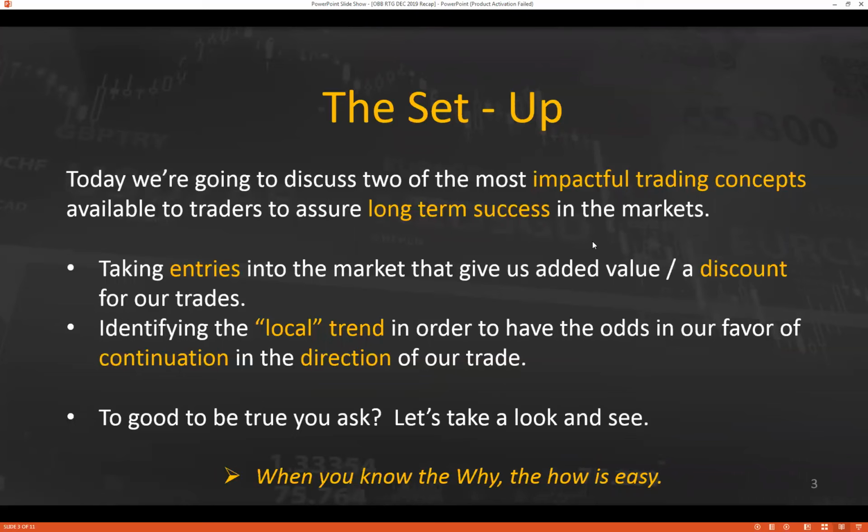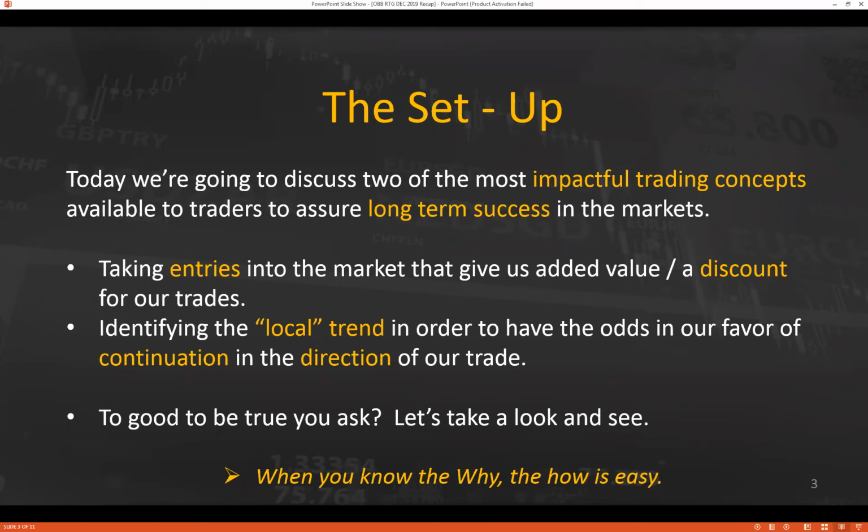We're going to briefly and simply talk about two of the most impactful trading concepts available to traders to assure long-term success in your trading career. One of those is taking entries into the market that give us an added discount or added value to taking our trade, a built-in added value or discount. And Trap Trader Oscillator does that for us.